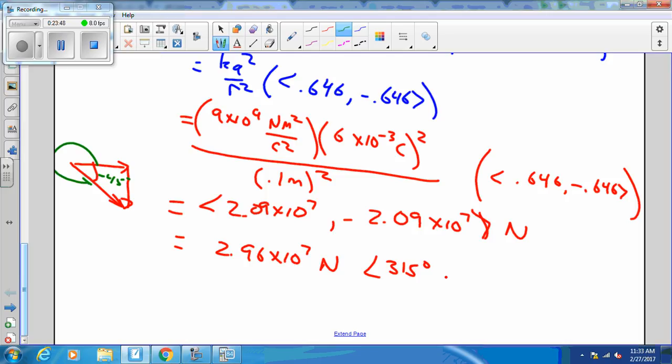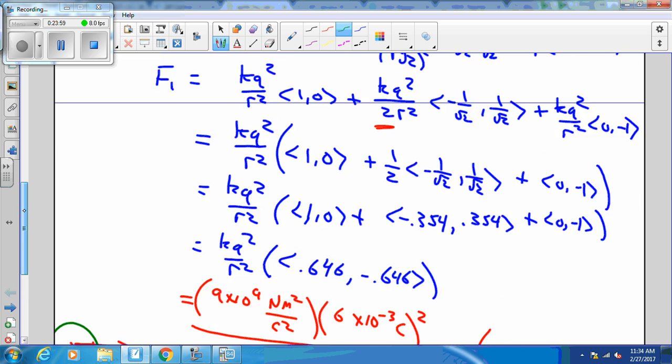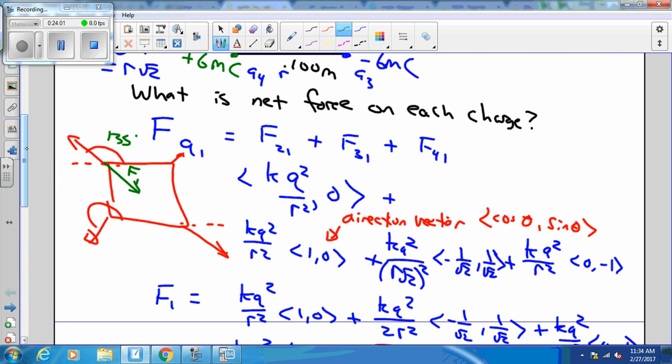If you told me negative 45 on a test, I would totally accept that. The symmetry of the force on 3 would be the same as the one on 1, and 2 and 4 would be opposite. Because of the symmetry of the situation, the force on 3 not only has to have an opposite direction, but it also has to have an equal magnitude.